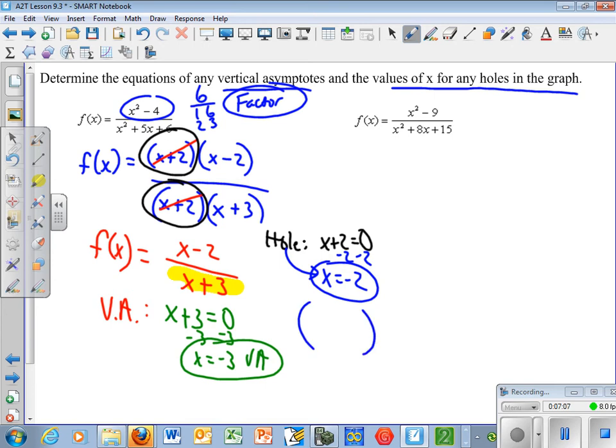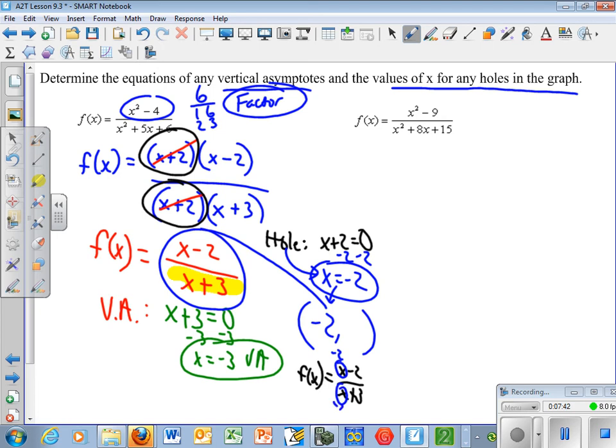Now, if you actually want to find the coordinate of the hole, the x value would be negative 2. And to do that, you would plug negative 2 into the simplified function. Again, they only ask for the x value of any hole, but I'm actually going to find, if we were going to graph it, where the hole would occur. I have f of x equals x minus 2 over x plus 3, and I'm going to put my negative 2 in there and in there.